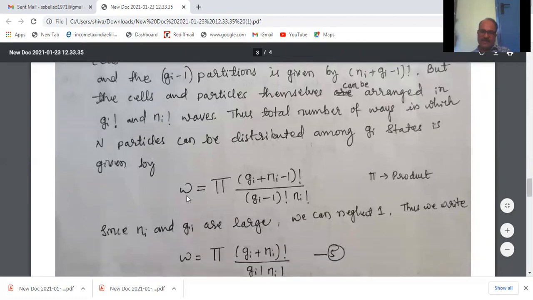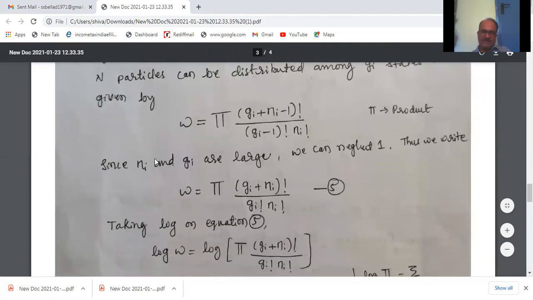Omega is equal to the product over i of (gi plus ni minus 1) factorial divided by (gi minus 1) factorial and ni factorial, where again this symbol is not the pi symbol, it is the product symbol.